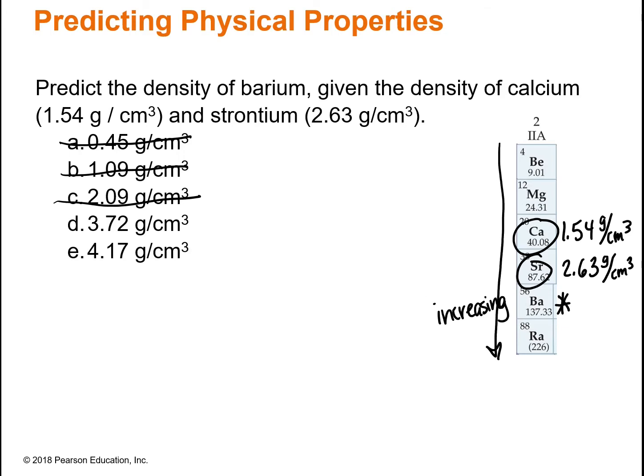Since there are numbers here, what you can do is figure out the difference between the calcium density and the strontium density. So this is the difference between the two.